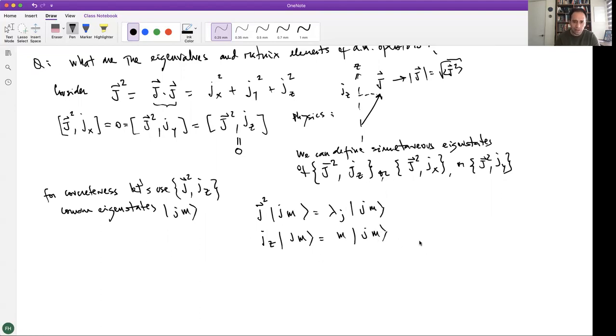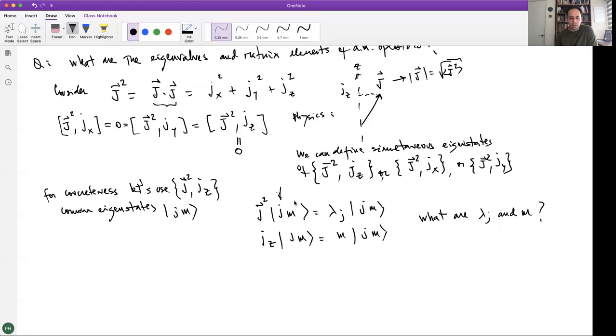So what are the eigenvalues? This is just a notation, right? So what are lambda J and m? For the moment, they're completely general quantum numbers, one associated with each of the labels here.